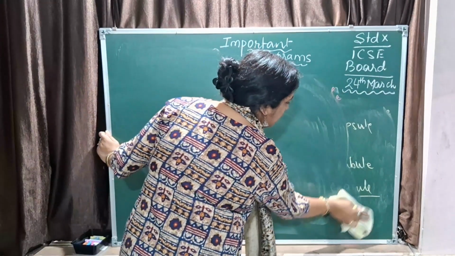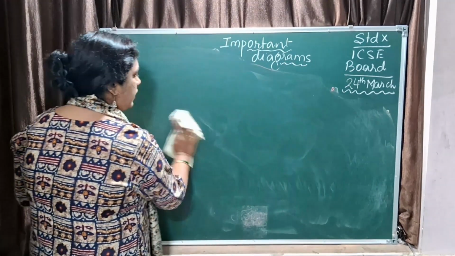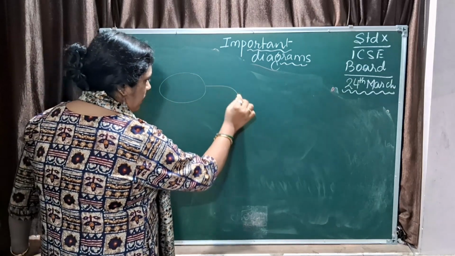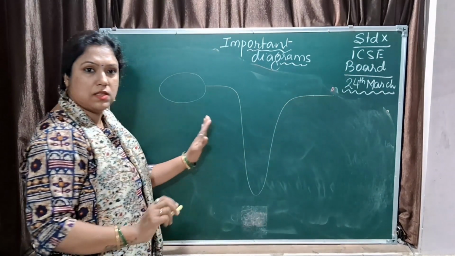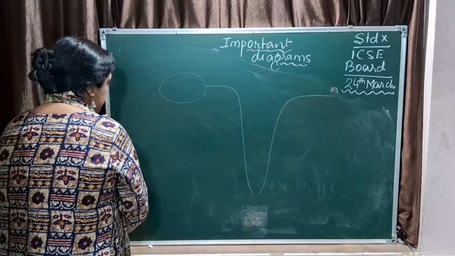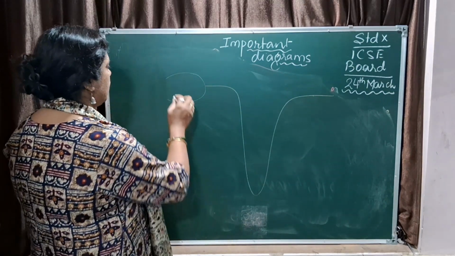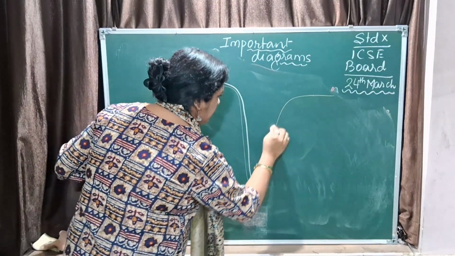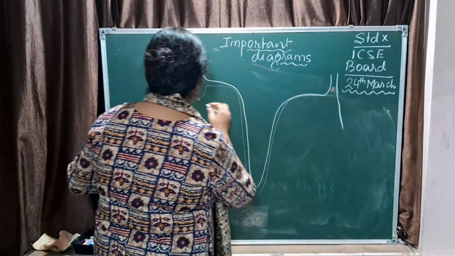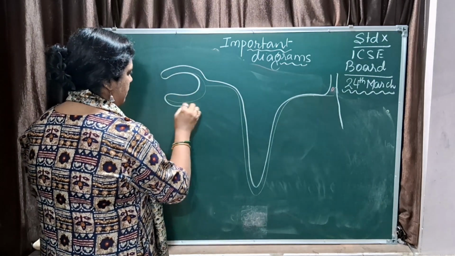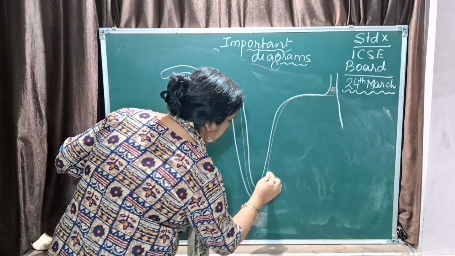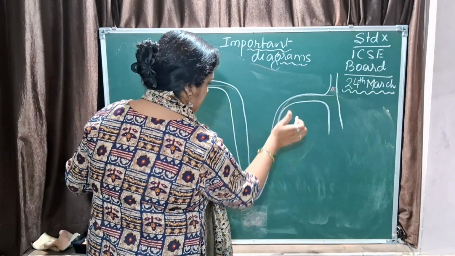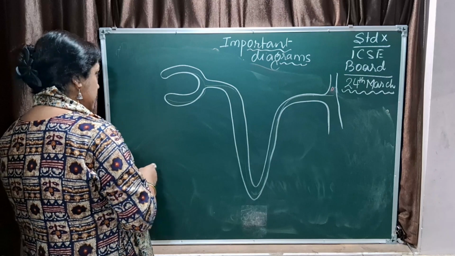Now next we will be talking about the entire nephron. For making the entire nephron, you always remember there is a small circle followed by this shape structure. This is the basic structure of your nephron. So what I am going to do in the same form, and then the blood vessel.